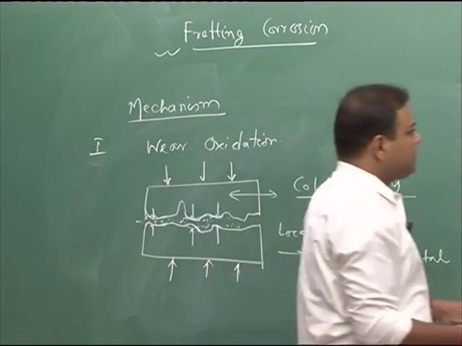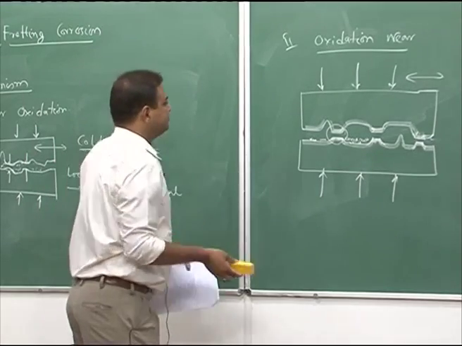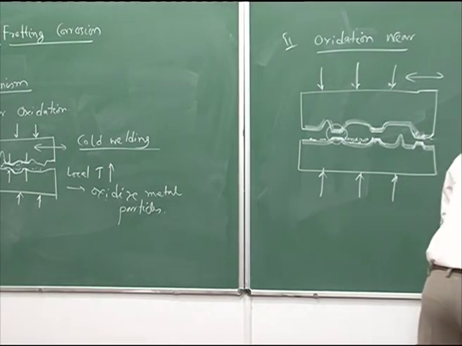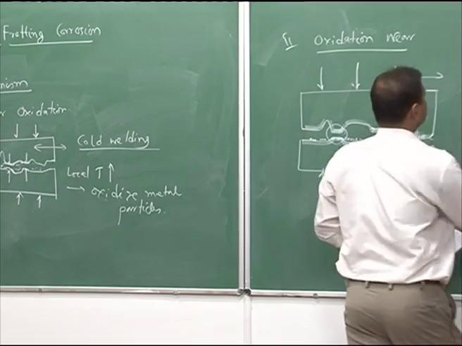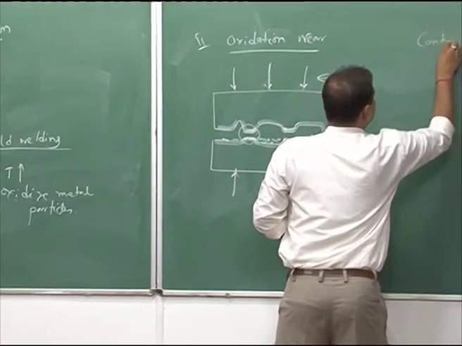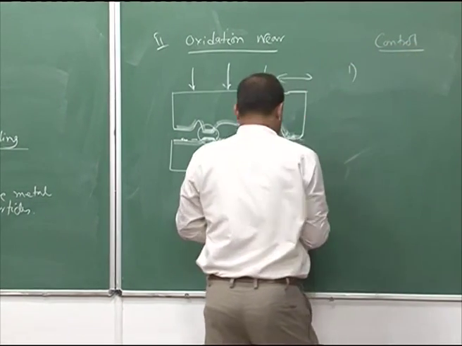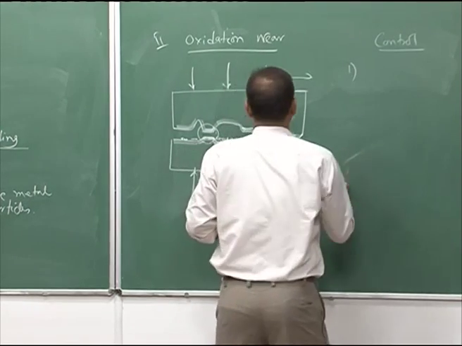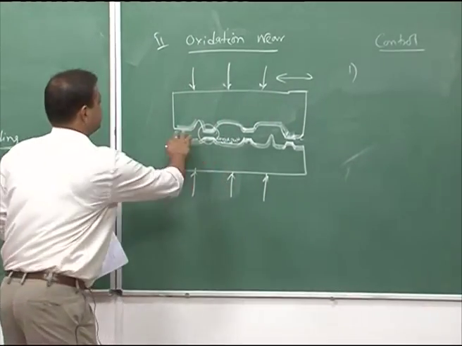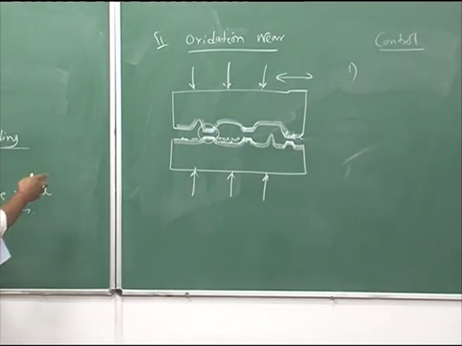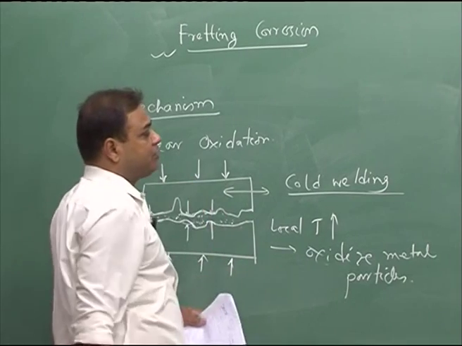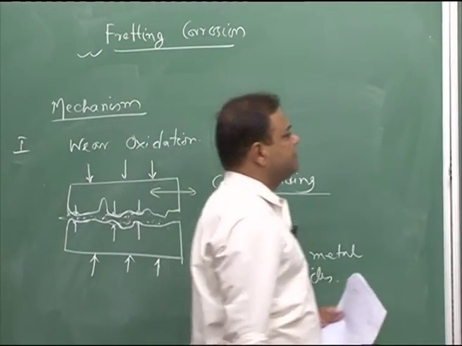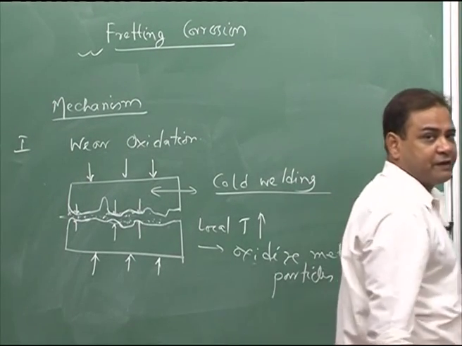Now, what are the protection routes? If you want to see the protection or the control route, the first case would be if we somehow lubricate this section, or this section, well with some oil, then the lubrication can reduce the friction effect.